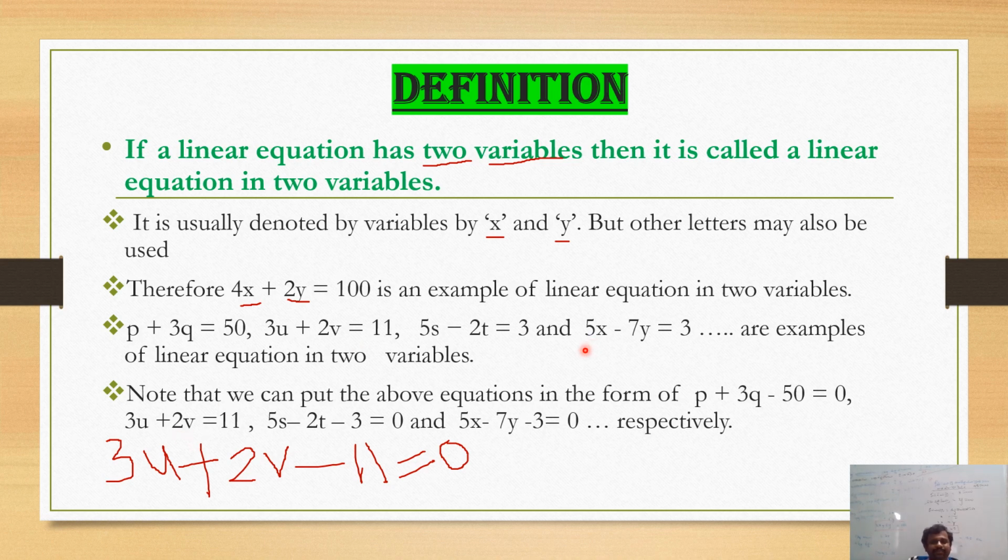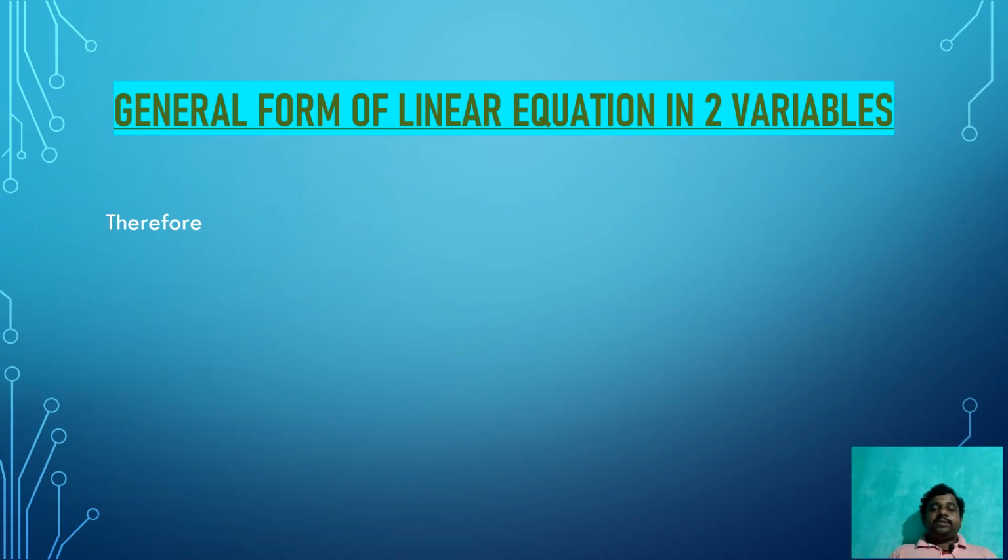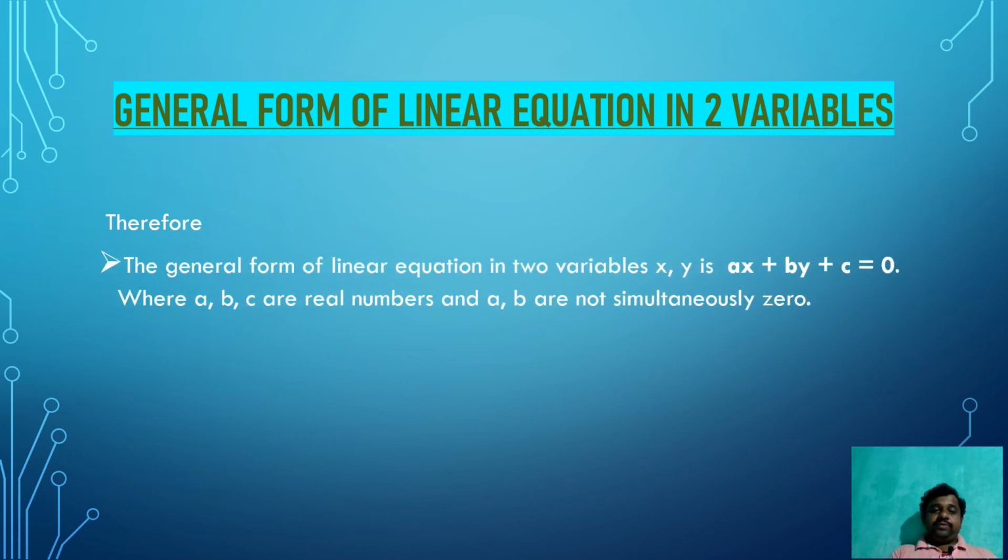Now let us discuss the general form of a linear equation in two variables. Already we said ax plus by plus c is equal to 0, but there is some condition for representing a linear equation. What is the general form of a linear equation? Just observe.